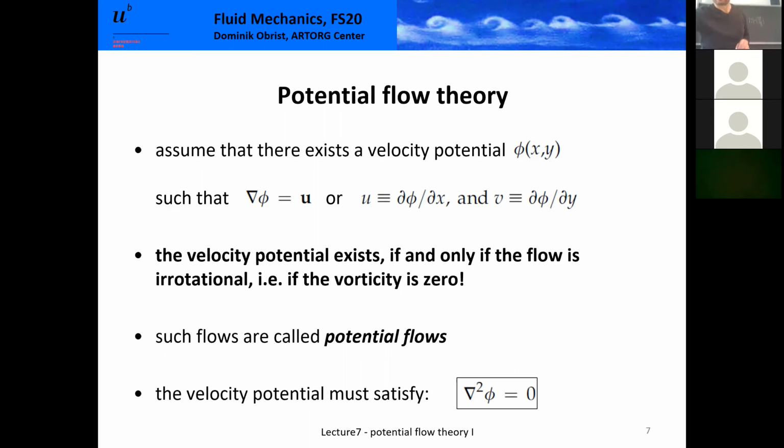Let me move over and wipe out part of that. Let us assume now that we do have a potential function.